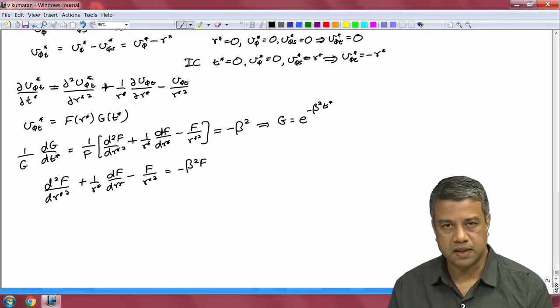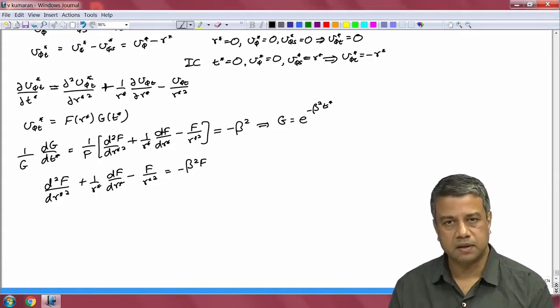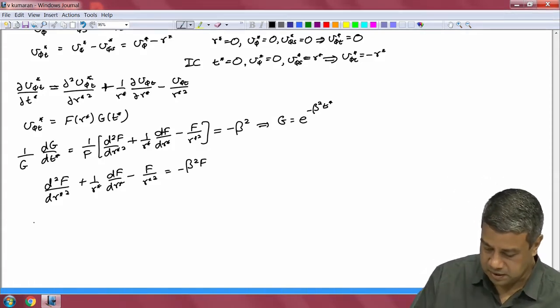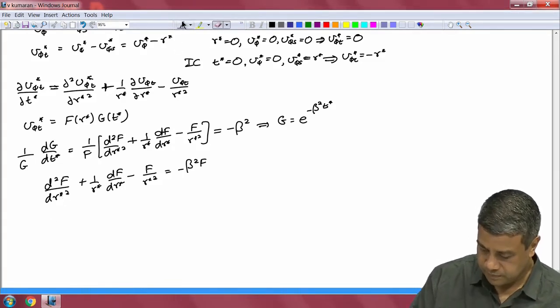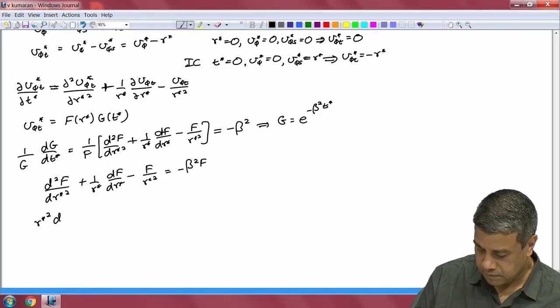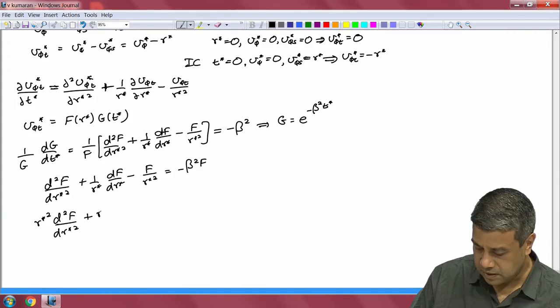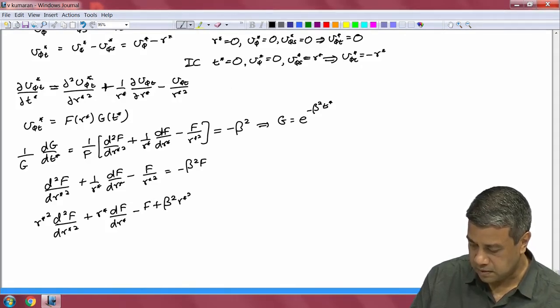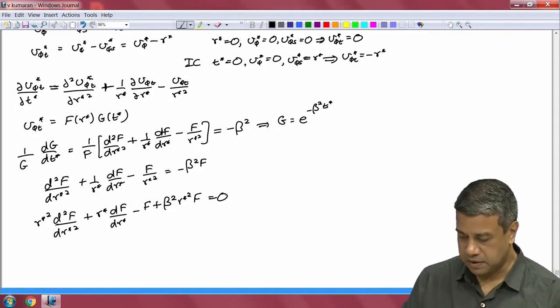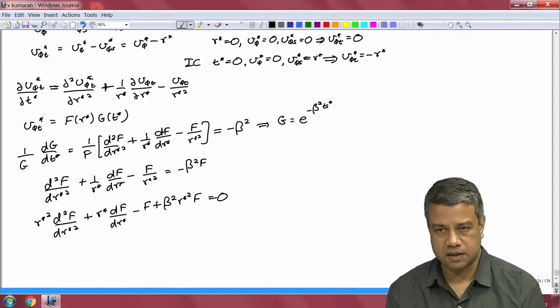Take the right side to the left and multiply throughout by r square. So, I will get r square d square f by dr square plus r df by dr minus f plus beta square r square f is equal to 0.